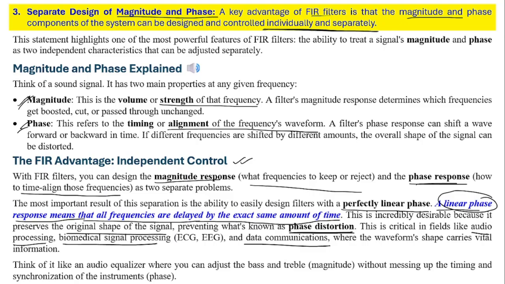Phase means delaying of the frequency component, whether they are delayed or not. Now, if you have the ECG signal, and there is a phase distortion, that means some of the frequency components will be delayed more and some will not be delayed to the same extent.